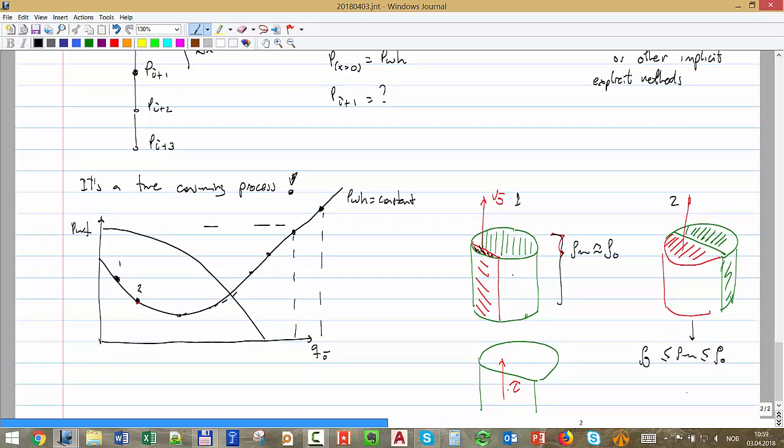Okay, so now if you understood that, I hope that you did. The way we work with multiphase flow is that we pre-compute.